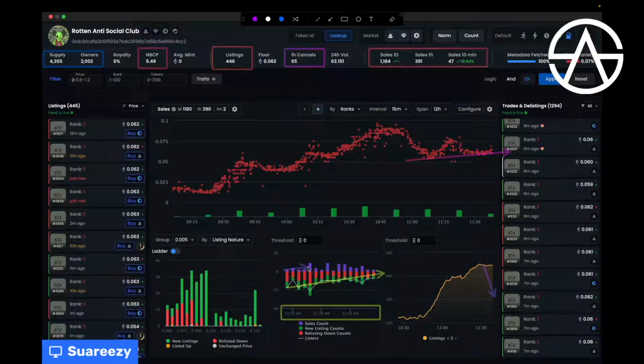And what else would we like to see? We'd like to see our demand starting to rise as well. If we can start to see this happen, I can almost guarantee you that we see price rise at this point as well. And that's how you're going to be able to spot these potential reversals.